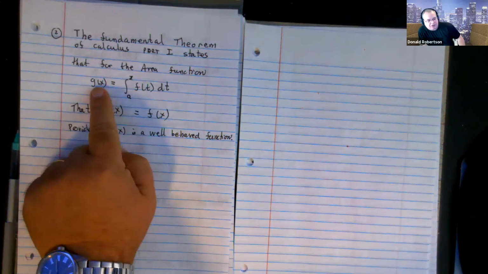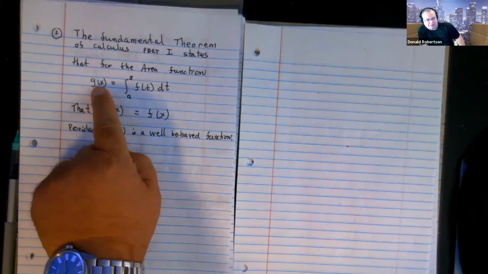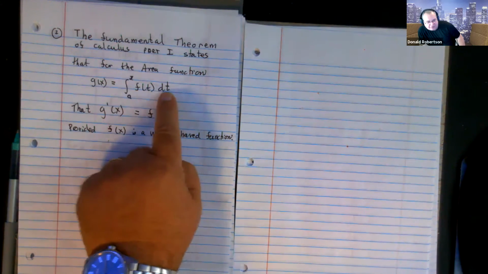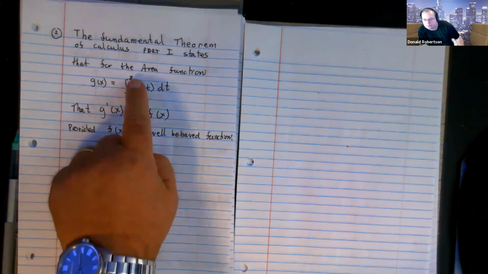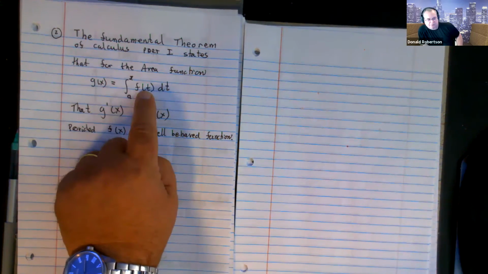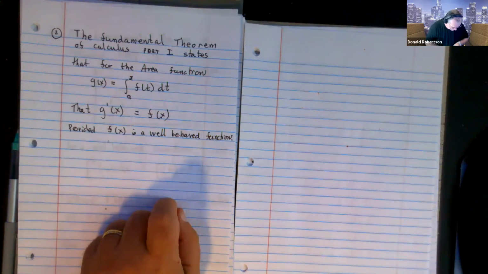The fundamental theorem of calculus part 1 states that if you find the area function, the guy we just did a minute ago, its derivative is the same as this function here, but in terms of x. Well, what does that look like?